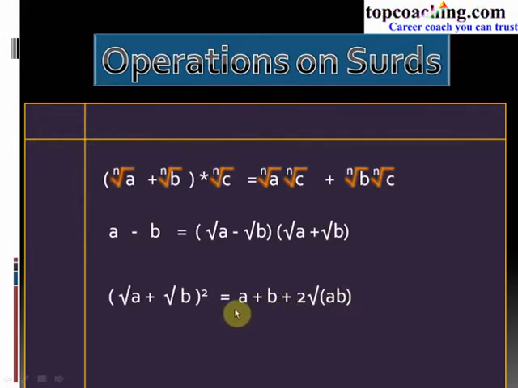Now square of root a would be equal to a. Similarly the square of root b would be equal to b and the product of 2 into root a into root b would be equal to 2 times under root of ab. And so the root of a plus root of b whole square could be written as a plus b plus 2 times under root of ab. So these were some of the very important operations on surds.